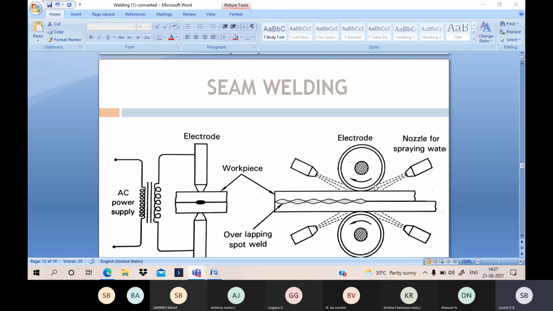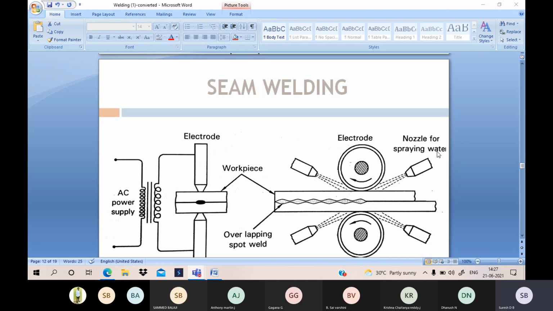Here, in between the roller and the workpiece, we can introduce some water. Due to the rotation of the electrode, it is sliding or rolling on the top surface of the material, and due to that rolling, a maximum amount of friction is created. To avoid the heat and friction, we can introduce lubricant.